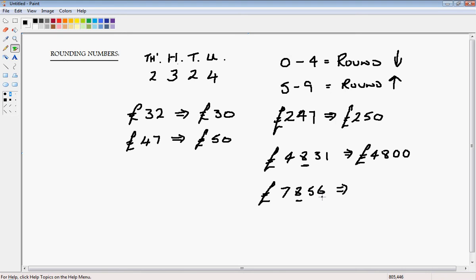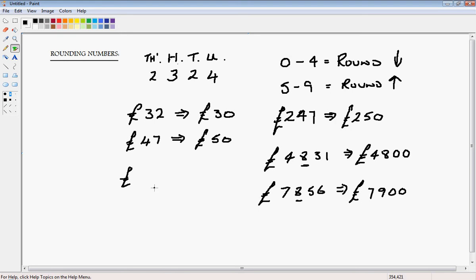Now 56 is more than the halfway mark, isn't it? Because 850 would be that halfway mark. So 856 is closer to 900. So we would have 7,000, because that hasn't changed, 900. These numbers just turn to 0.